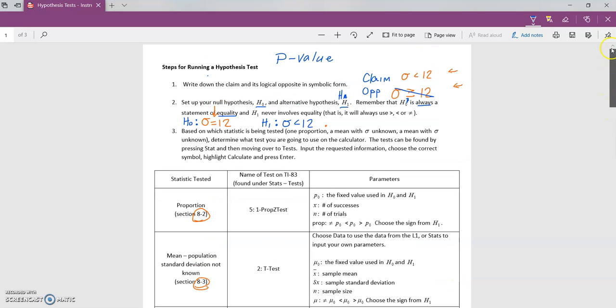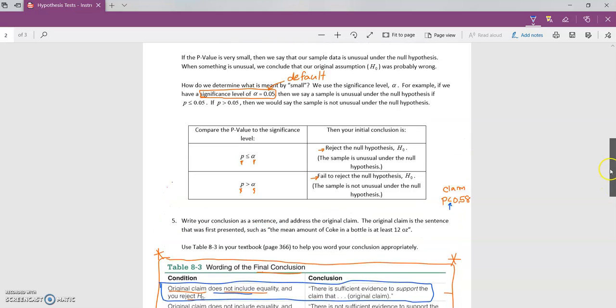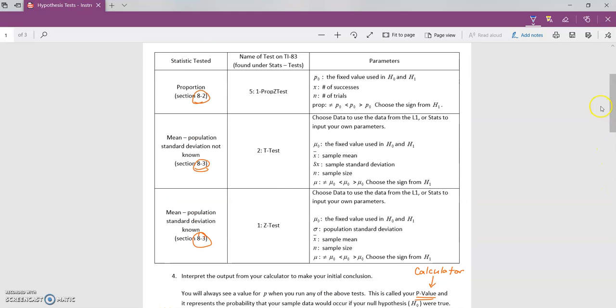In 8.1, you're focusing on writing the claim, writing the opposite of the claim, writing the null and alternative hypotheses, and then you're going to focus on writing your conclusions. You don't do any actual calculating until sections 8.2 and 8.3, so I'll make another video for that.